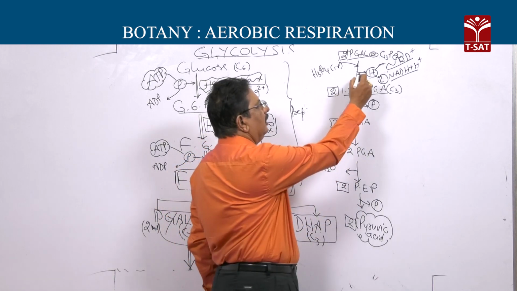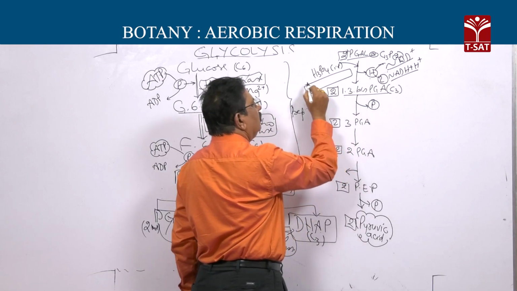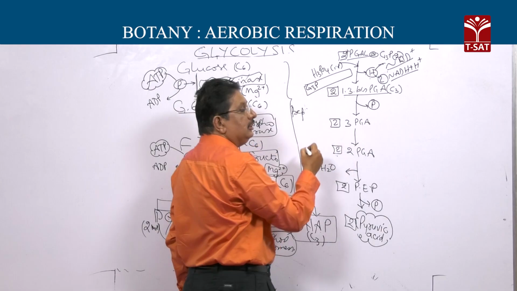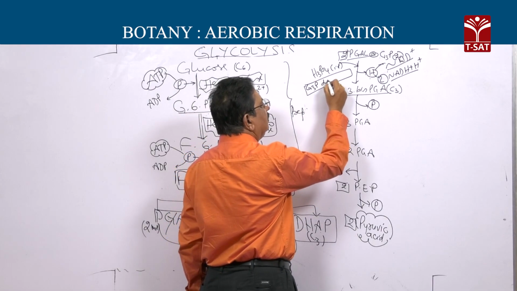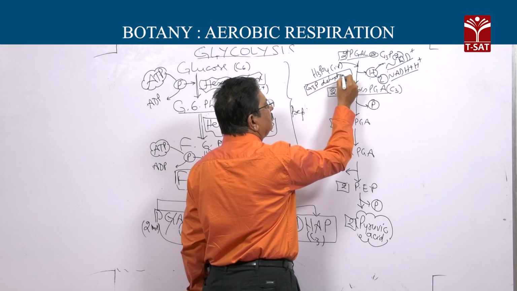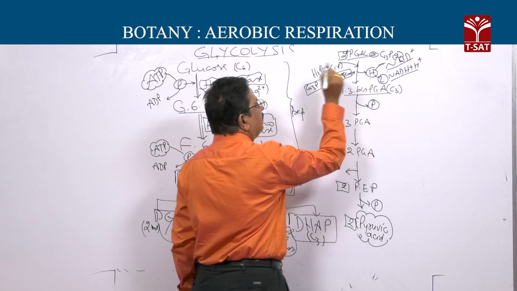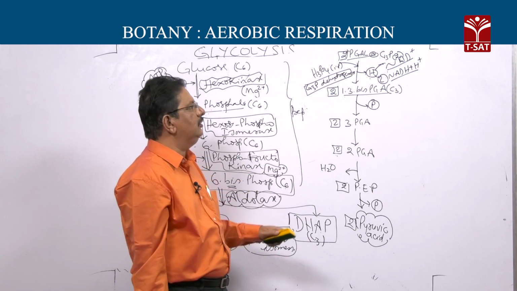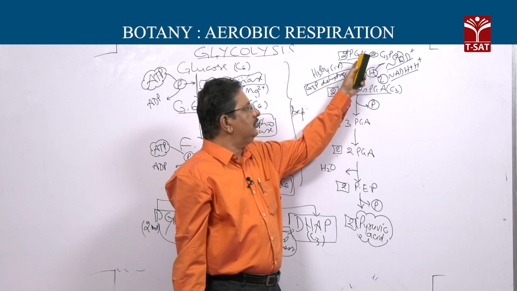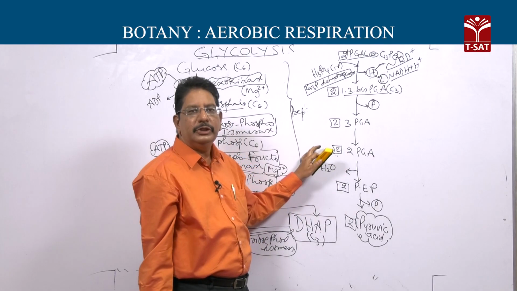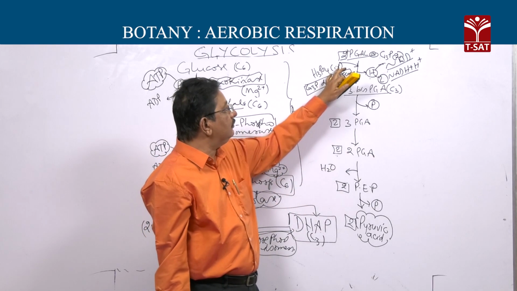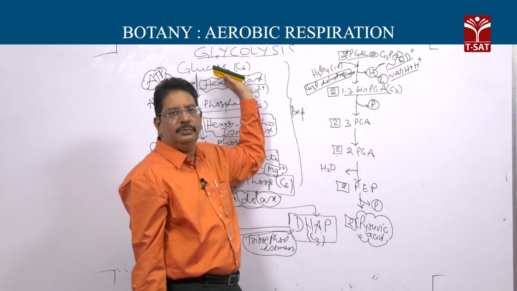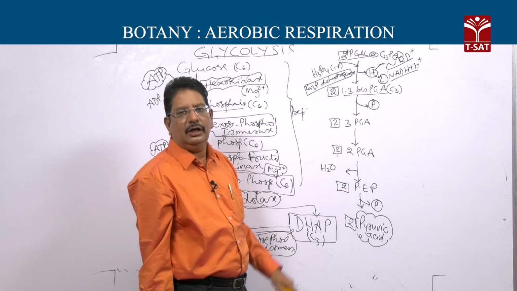The enzyme which controls this reaction is also called G3P, glyceraldehyde 3-phosphate dehydrogenase. So, glyceraldehyde 3-phosphate dehydrogenase catalyzes the reaction of PGAL into 1,3-bisPGA. Here phosphate is added, but interestingly that phosphate is not from ATP, but from inorganic phosphate.